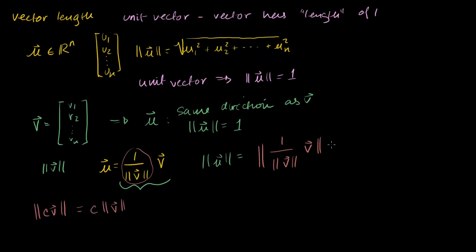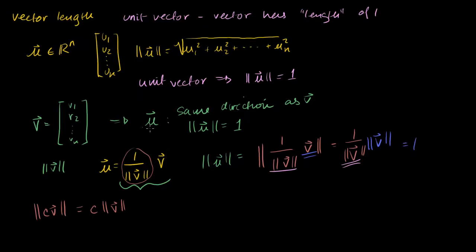So we know that this is going to be equal to 1 over the length of vector v, that's my c, times the length of vector v. Well, what's this going to be equal to? 1 over something times that something. This is just going to be equal to 1. So that's all a unit vector is.